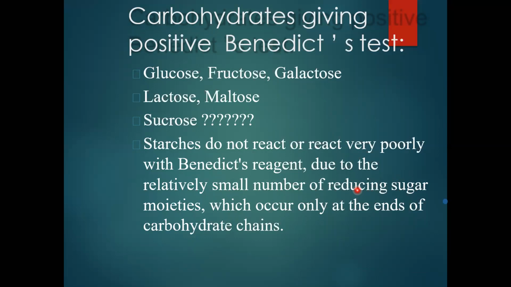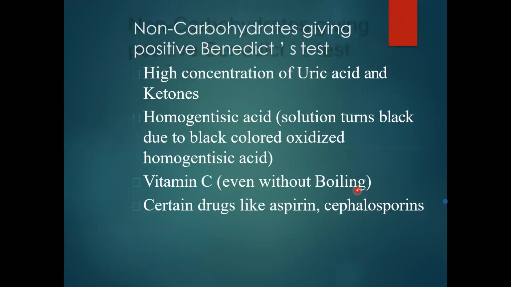Starches do not react, or react very poorly with Benedict's reagent, because they have a relatively small number of reducing ends. Non-carbohydrates giving a positive Benedict's test are high concentrations of uric acid and ketones, homogentisic acid, vitamin C, and certain drugs like aspirin and cephalosporin, which are not carbohydrate molecules but give a positive Benedict's test.